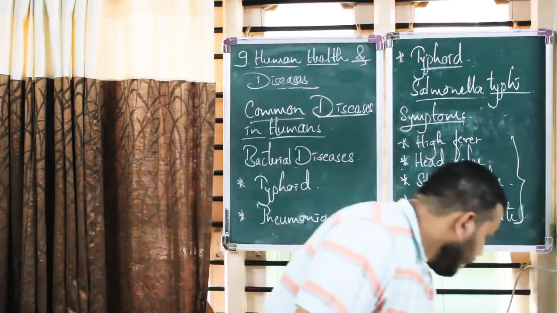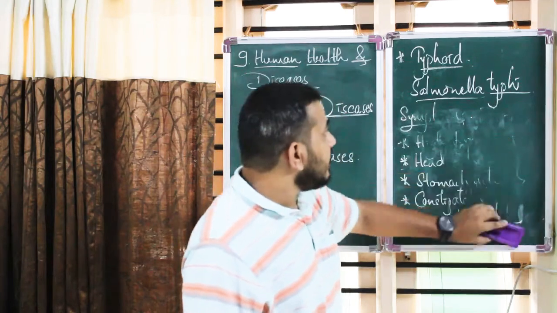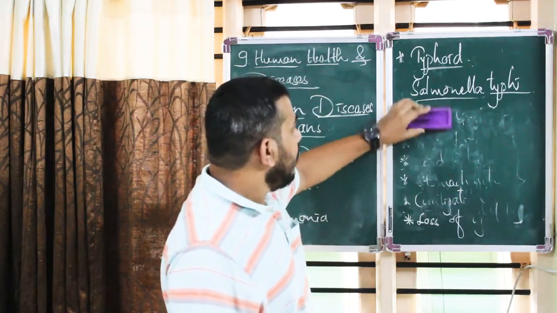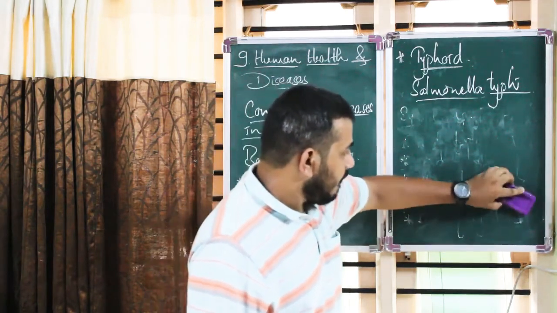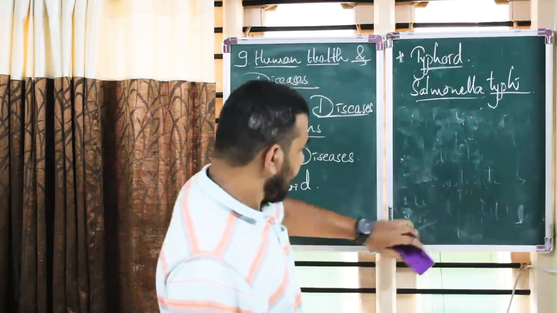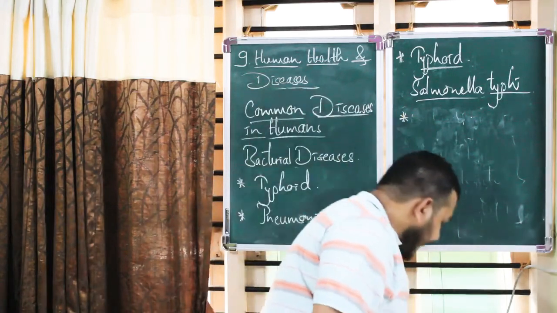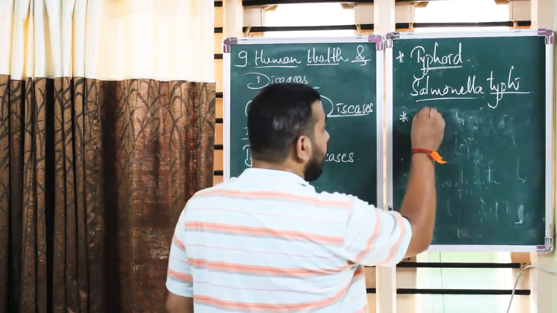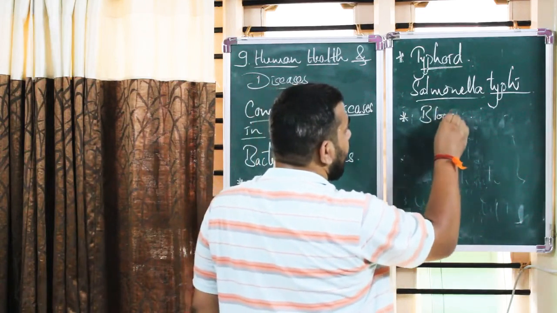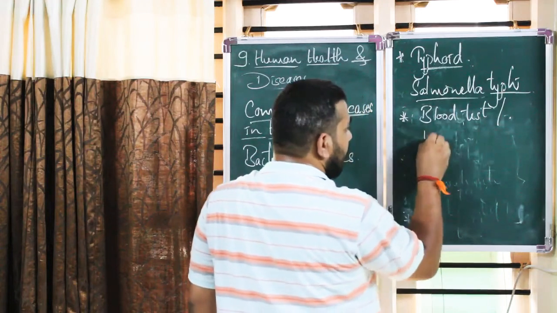Now what is the test which confirms typhoid? Typhoid can be confirmed through a blood test, or a serological test.